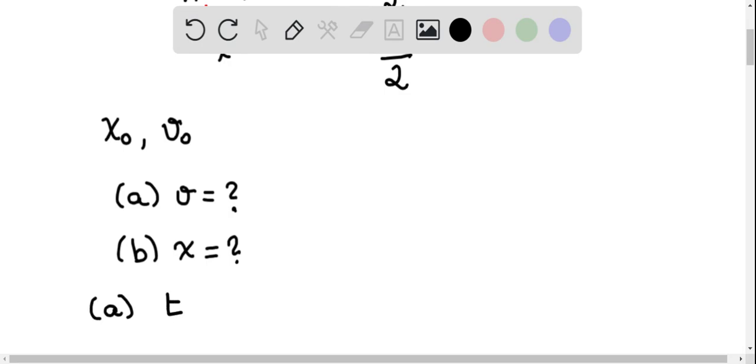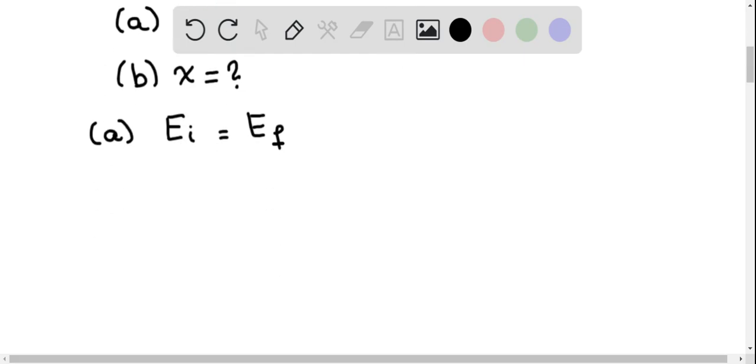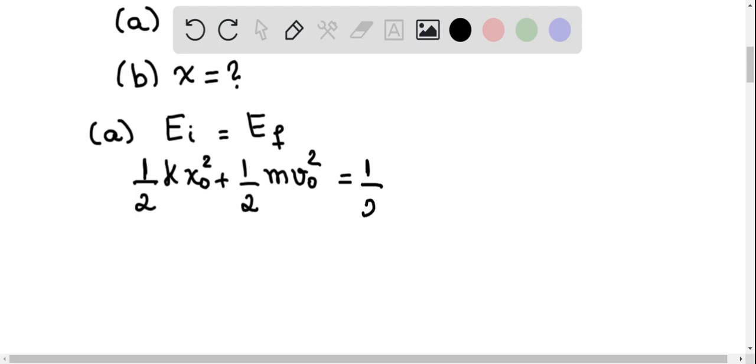So notice that the total initial energy is equal to the total final energy, and the total initial energy is the elastic energy, 1/2 of k x0 squared, plus the kinetic energy, 1/2 of m v0 squared, and this is equal to the final elastic energy, 1/2 of k x squared, plus the final kinetic energy, 1/2 of m v squared.